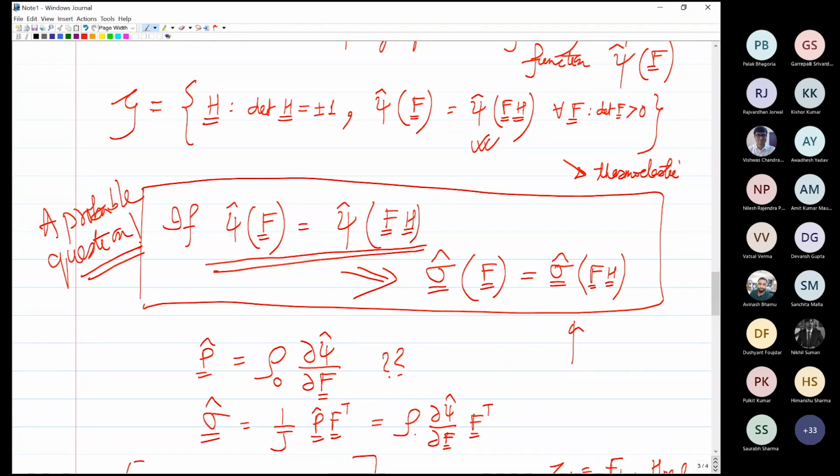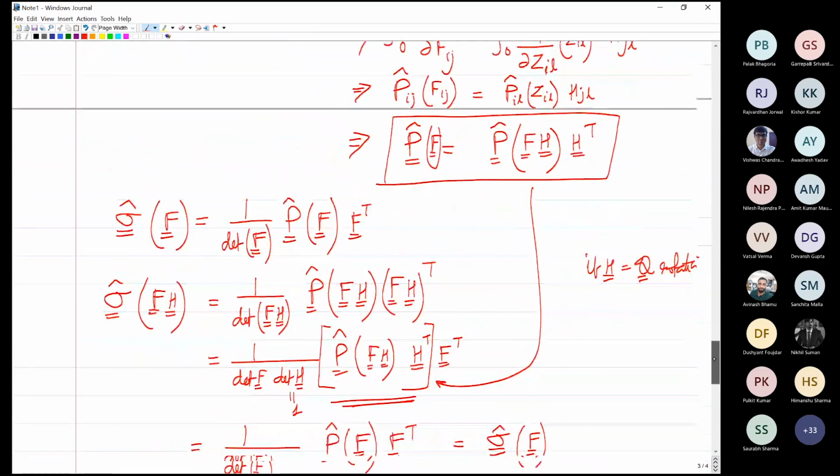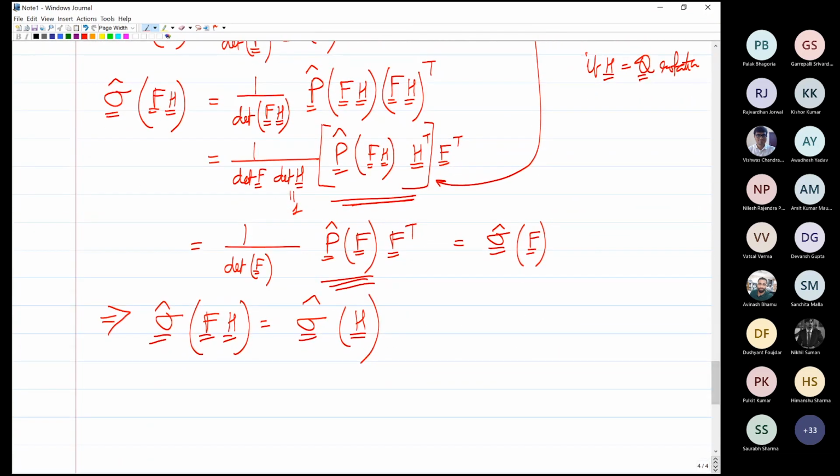So the two definitions of material symmetry that we did earlier are actually the same, where H simply has to be such that determinant of H is equal to plus minus 1. So if that is the case, then the two definitions of symmetry group are same.